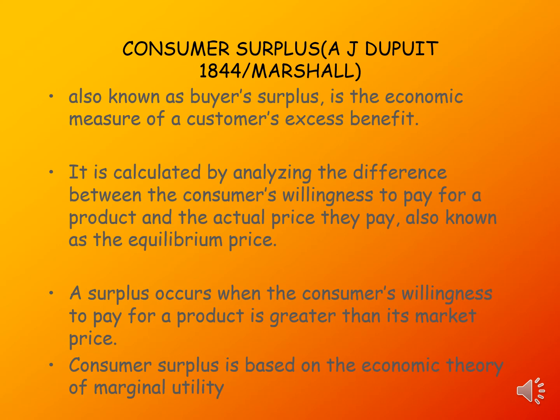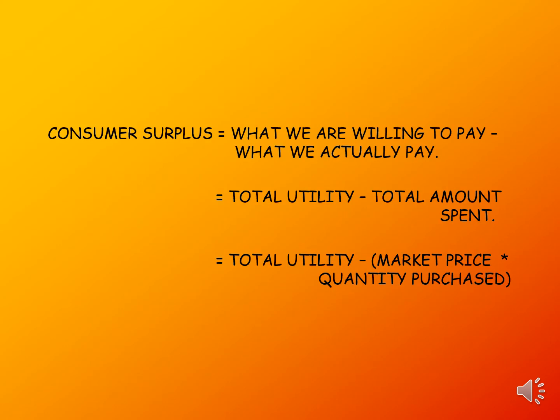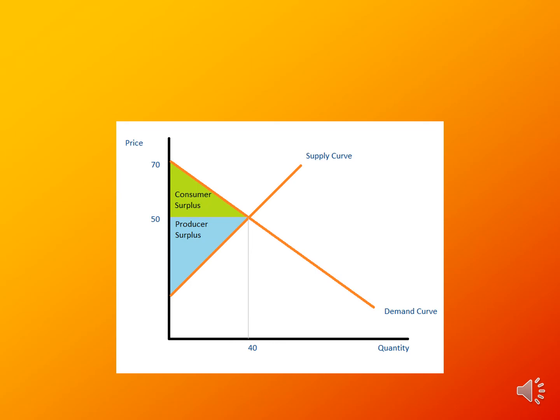And this particular concept is based on the theory of marginal utility. So these are the equations of consumer surplus: what we are willing to pay minus what we actually pay, or total utility minus total amount spent, that is, total utility minus market price into quantity purchased. This is a graphical representation of consumer surplus.